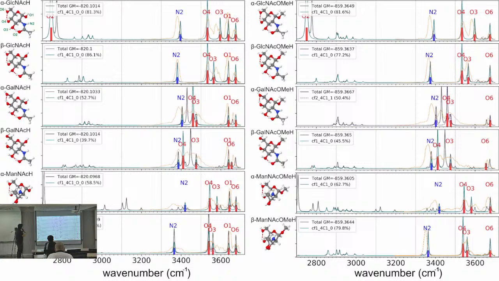Particularly this one has N-acetylation, so there would be several steps to get this particular structure synthetically. But in this case, we only want to know whether it actually has merit to look into whether methylation can have this significant effect. So that's where we come in.